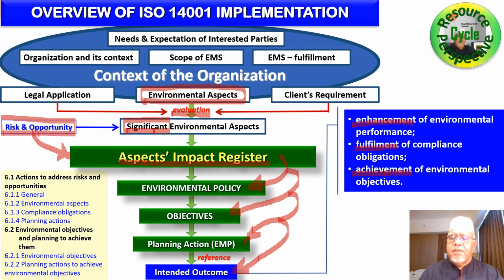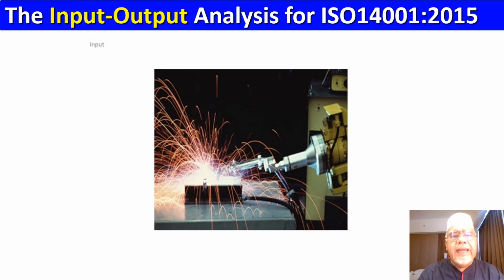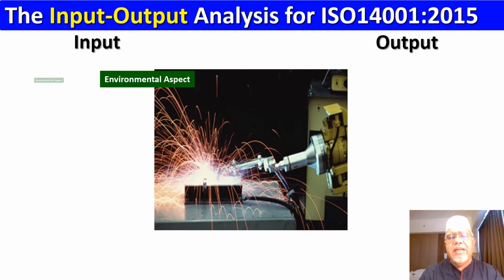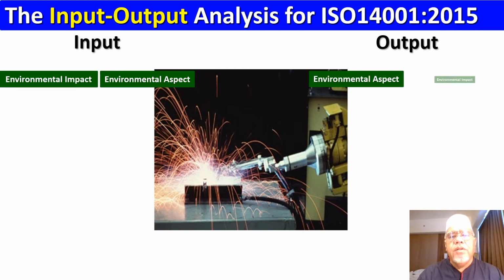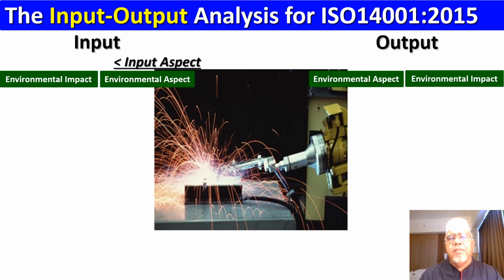Okay, as I promised you, let's take a look at that process called arc welding, and let's take a look at how we do the input-output analysis in the identification of environmental aspects. Look, this is a specific process. This is one of the unique processes for this company.